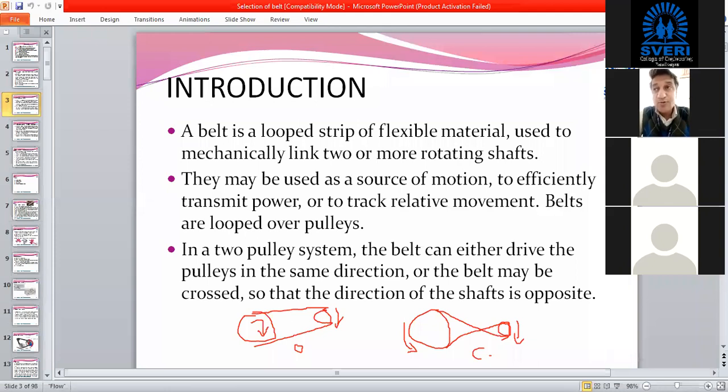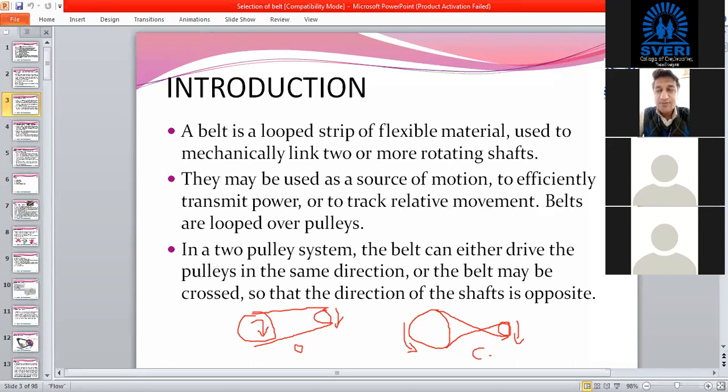Again, it is not too long. If we are going to use ropeways, suppose the distance is in kilometers, like in case of ropeways, you might have visited Raigad, where you might have seen the ropeways. There also power is transmitted by means of rope drives. Okay, and in that case, ropes are used to transmit the power over a very long distance. But in case of belt drives, that distance is limited.